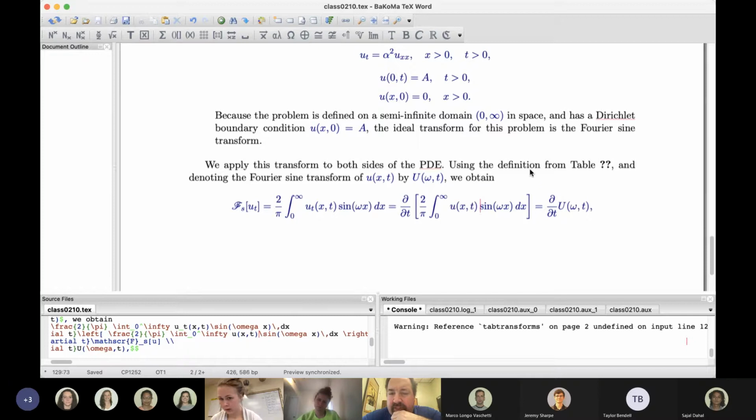The partial derivative with respect to t remains. But x goes over to my Fourier variable omega. So a function of x and t becomes a function of omega and t. A differentiation with respect to any variable other than x just sticks around. Okay. So any questions about how this was transformed before I go to the right side?